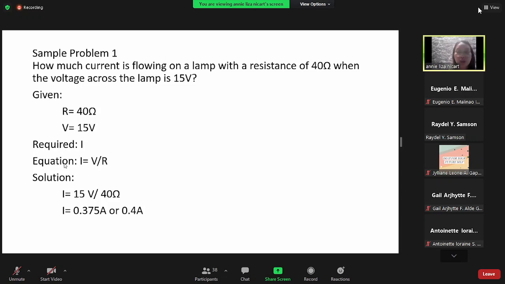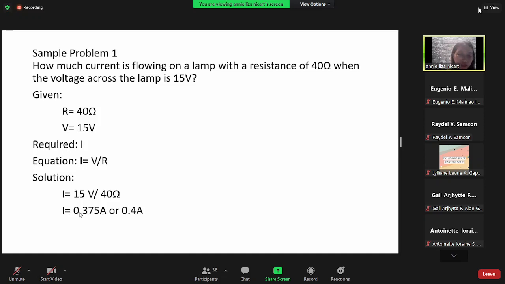So the equation is I equals V over R. Solution: 15 volts divided by 40 ohms. From your calculator, the result is 0.375 amperes, since the unit of current is ampere, so your final answer should have the unit ampere.